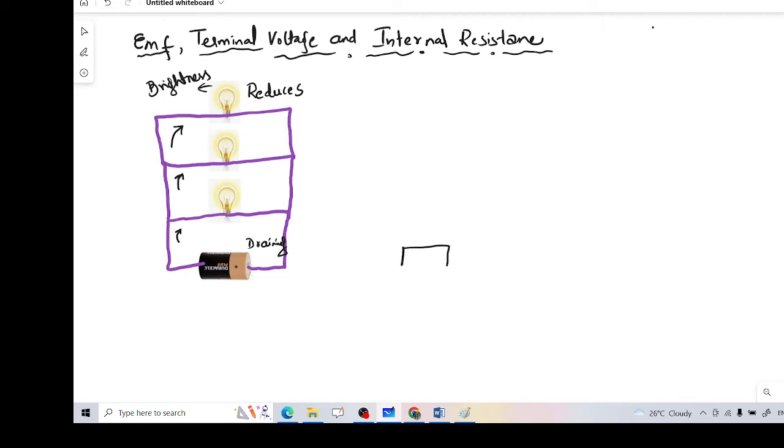So this is my battery cell. One end is positive and the other is the negative end.